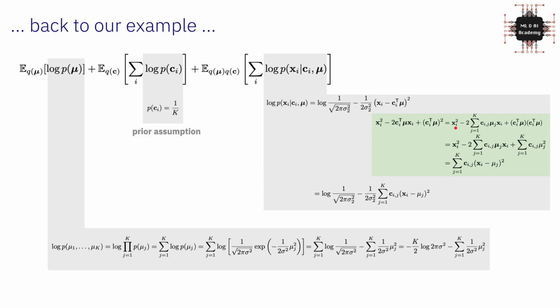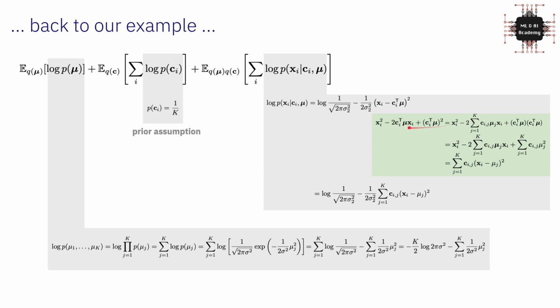So this is xi squared minus 2 times the summation j from 1 to k of Cij mu j xi. What I have done here is expand the vector Ci transpose as a row vector which has Ci1, Ci2, Ci3 up to Cik. Remember, Ci is a k-dimensional vector, and mu is again a k-dimensional vector which has mu1, mu2 up to mu k.